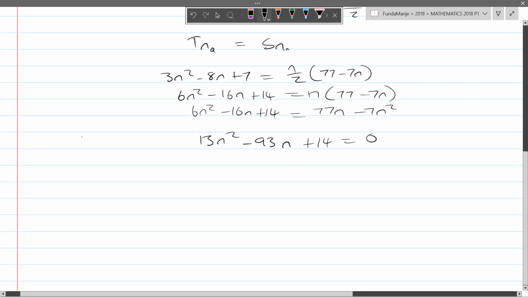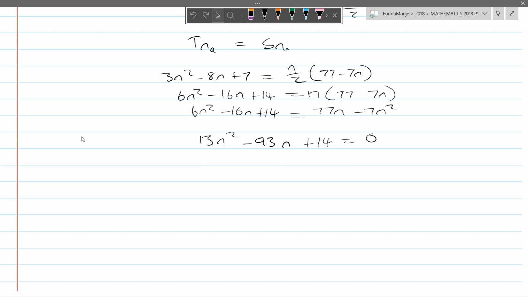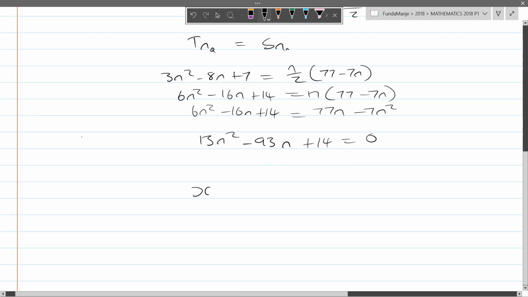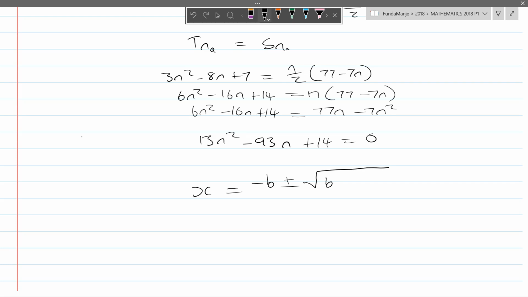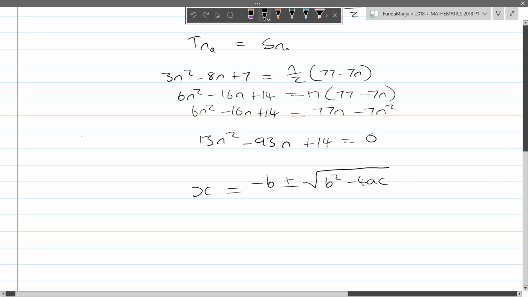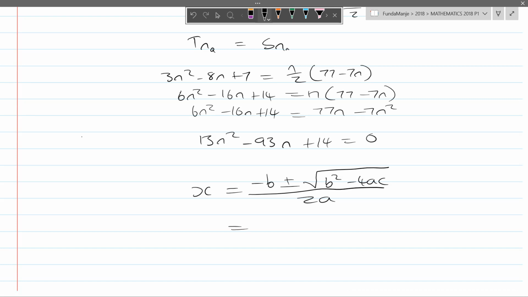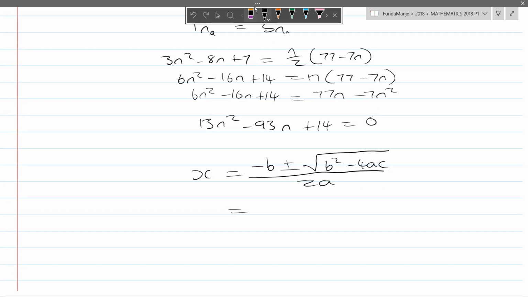Then if you're brave, you can try and solve this using the brackets. But the better and smarter way would be to solve this using our quadratic formula. So that would be negative b plus minus the square root of b squared minus 4ac, all over 2a. Then we substitute our values again. This is a, that is b, and that is c in their entirety.